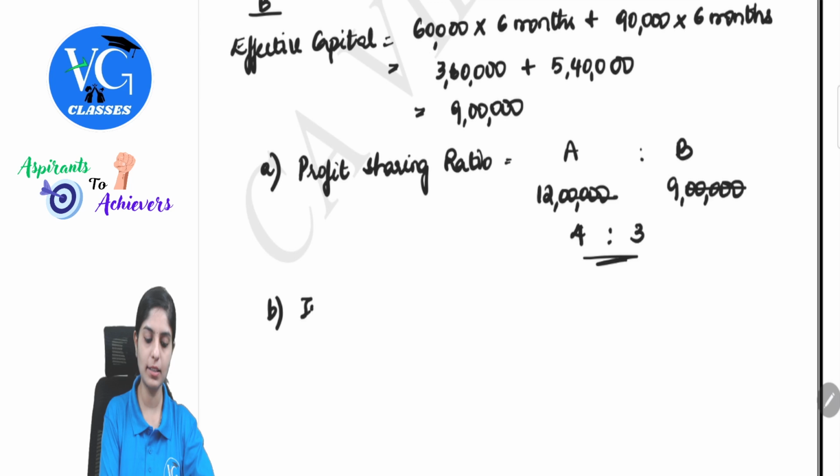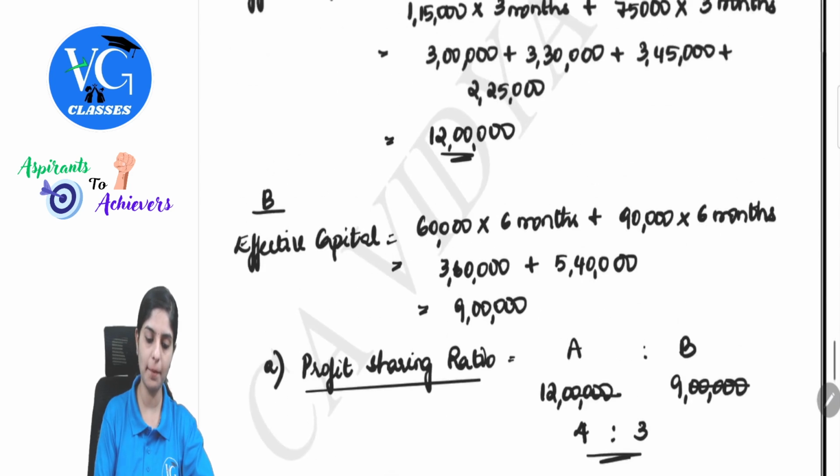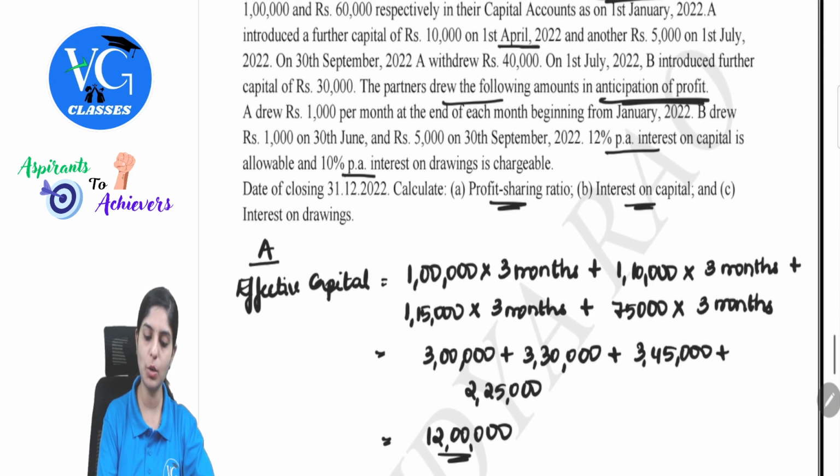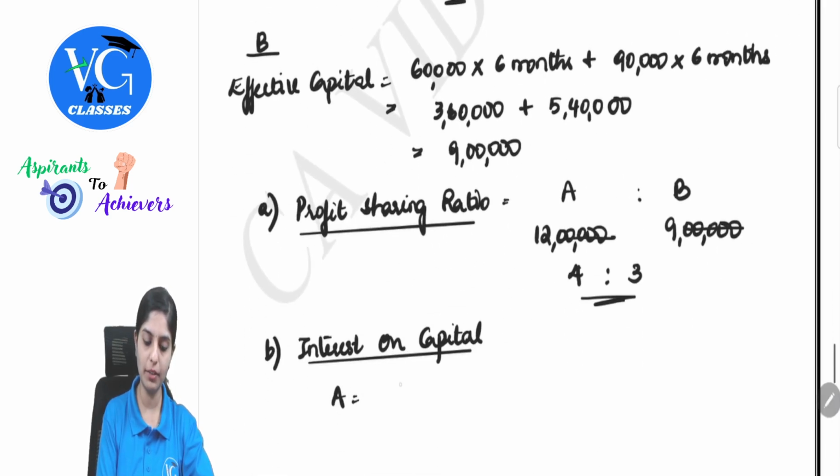Then they are asking us interest on capital. Interest on capital for A. What is the rate of interest given? 12% per annum. Interest on capital is allowable. So effective capital, that is 12 lakh into 12 by 100 into 1 by 12.